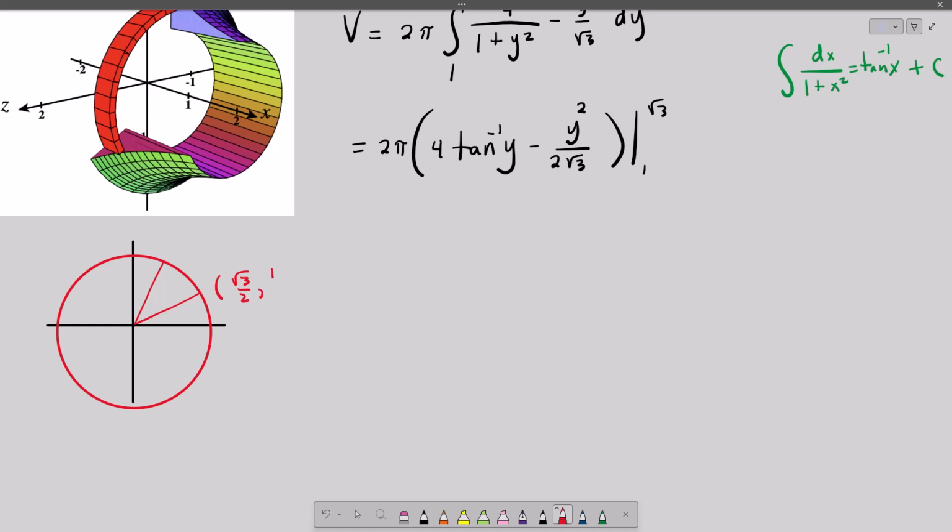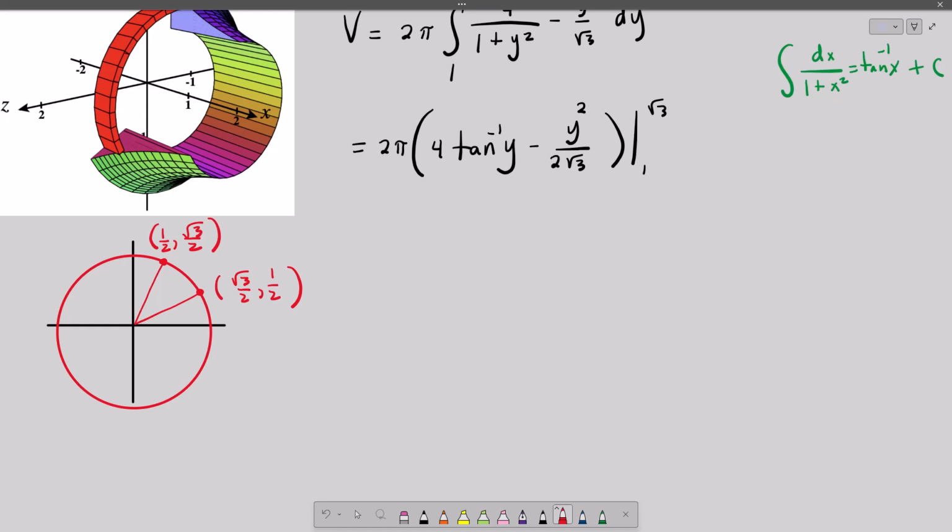When we plug in the upper limit of integration, we're going to have to evaluate an inverse trig function. So, inverse tangent of root 3.